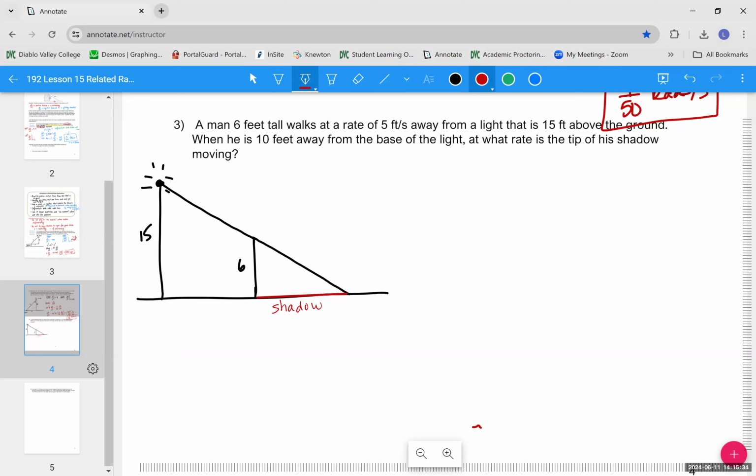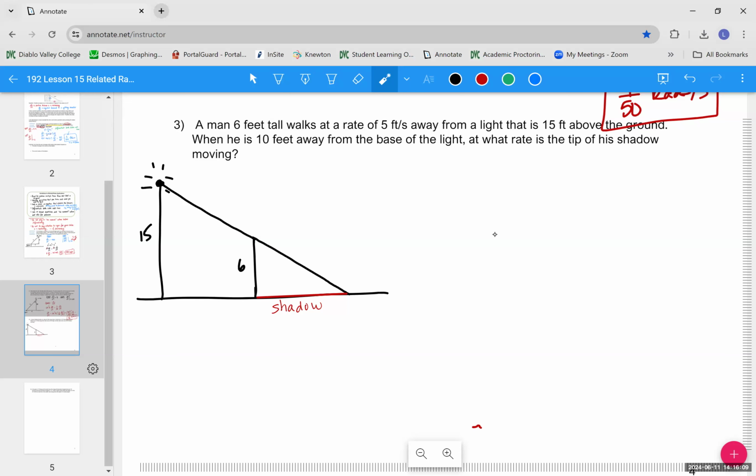The shadow is always behind, obviously, after the light is on one side, the shadow's on the other. And it always makes this straight line from the top of the light to the top of the thing, making the shadow, to the tip of the shadow. That's going to be a straight line. Obviously, if this person is closer, then that's a steeper line and a smaller shadow. Okay, so that is the geometry.